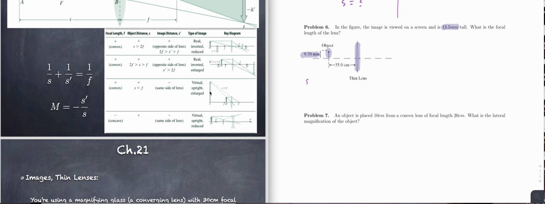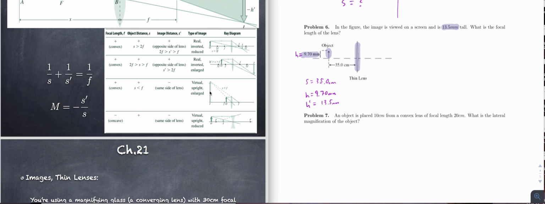So we know S is 35.0 centimeters. And we can call this H. So H is 9.7 millimeters, and H prime is 13.5 millimeters.